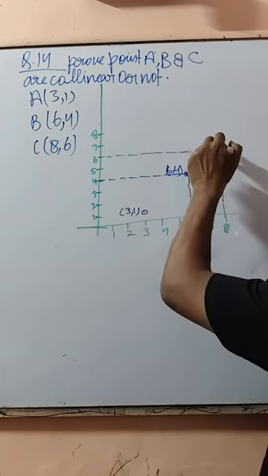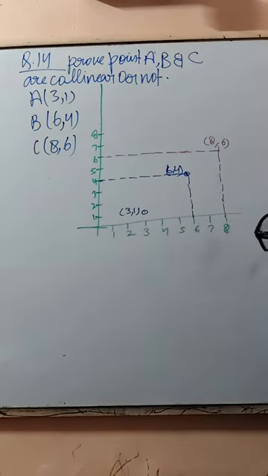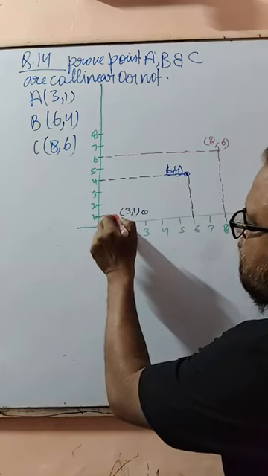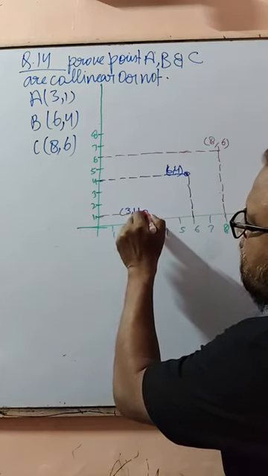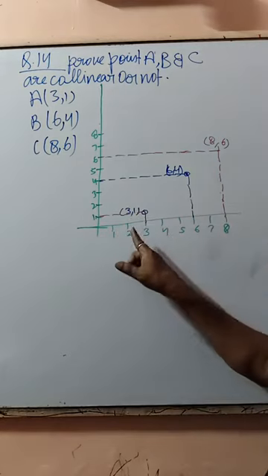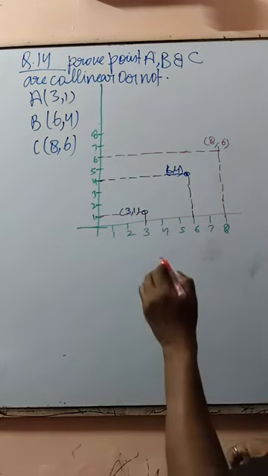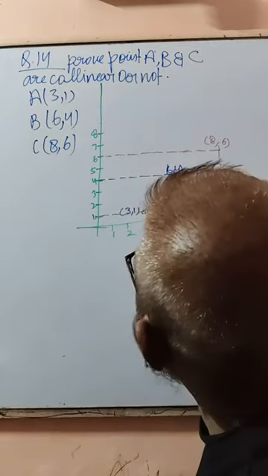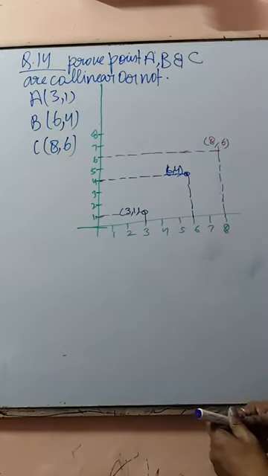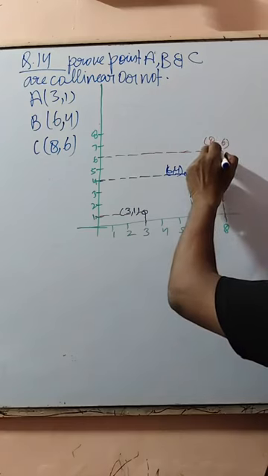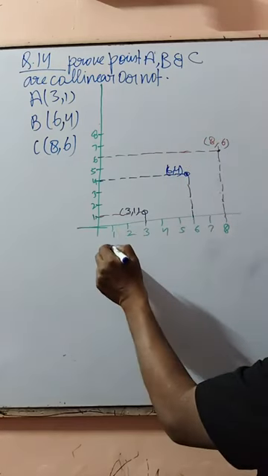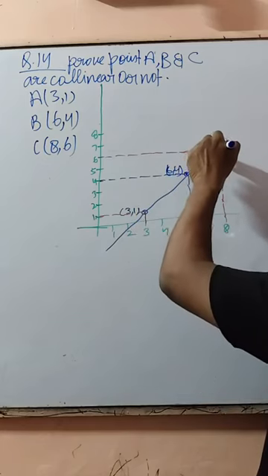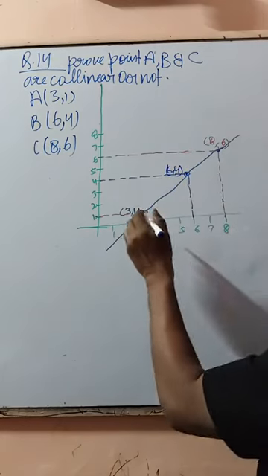Sorry, 8, 6. Right? And this is 3, 1. Now, if we join these lines, right? So it means it is going like this.